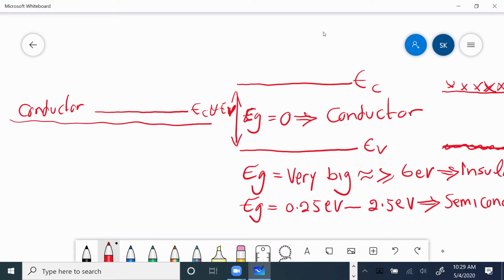Then the next class is, this is EC, that is EV, very large, bigger than 6 electron volts. This is an insulator.